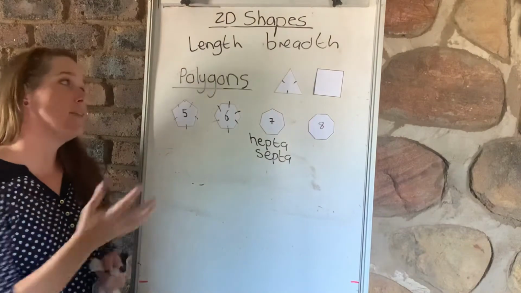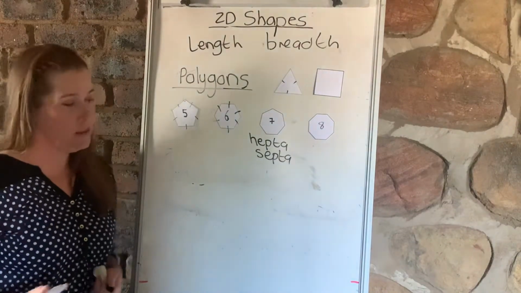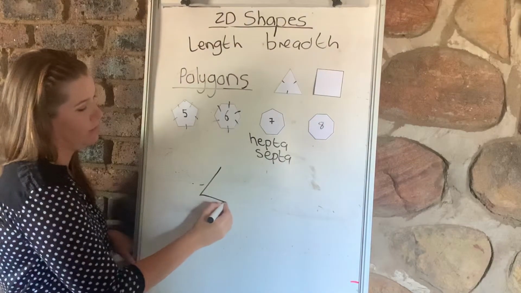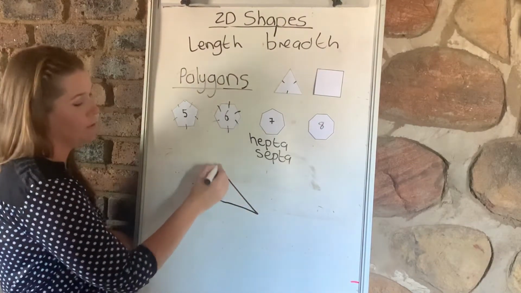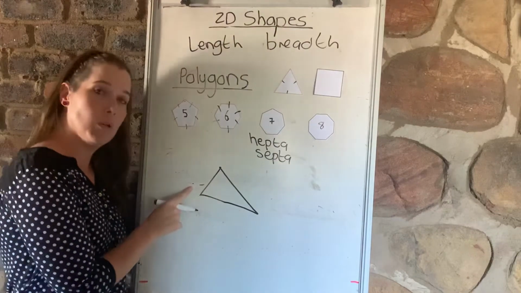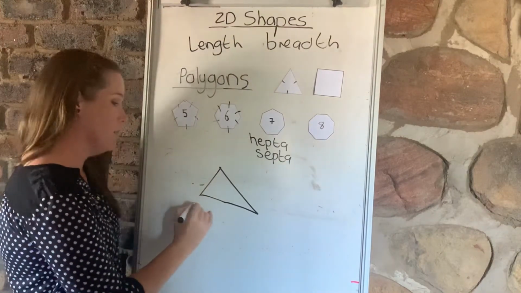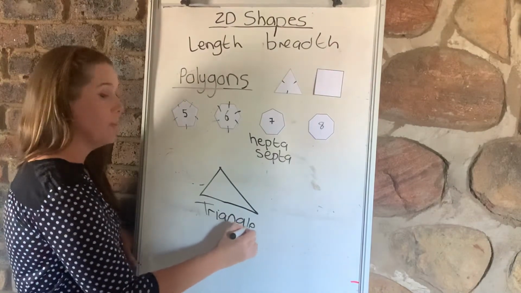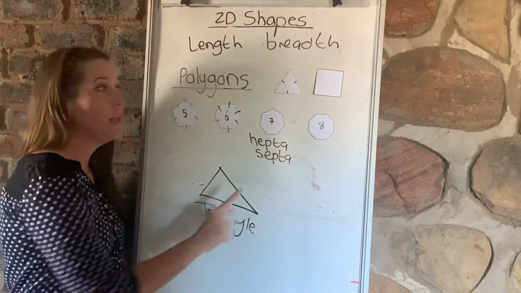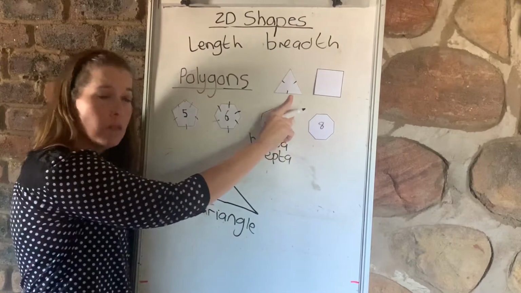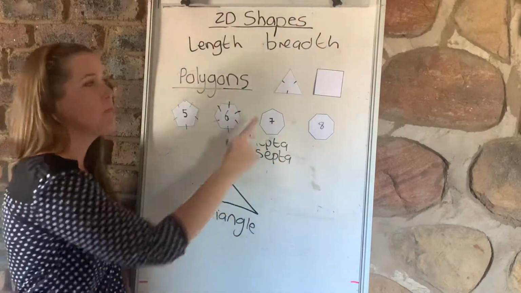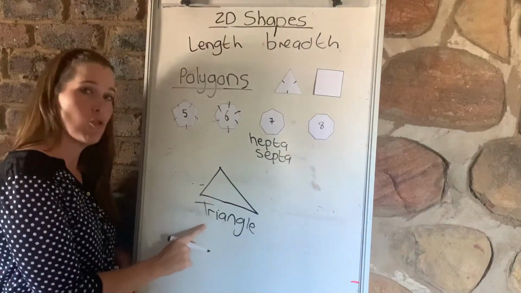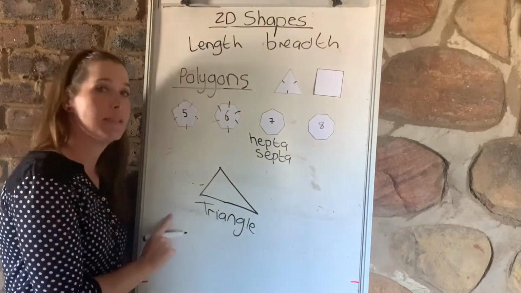But if the sides of a shape are not the same length, for example, if you have a triangle that looks something like this, these sides are not equal. It is still a triangle, but it is not a regular triangle. This would be a regular triangle or an equilateral triangle because all the sides are equal. This is an irregular triangle because the sides are not the same length.